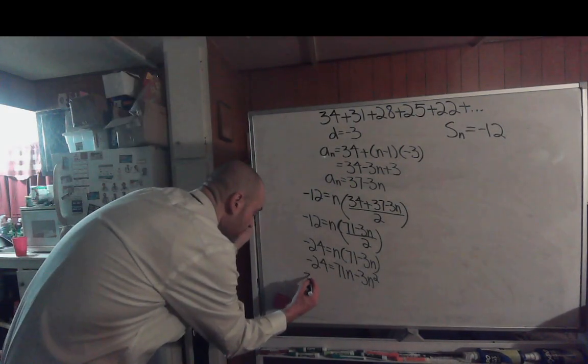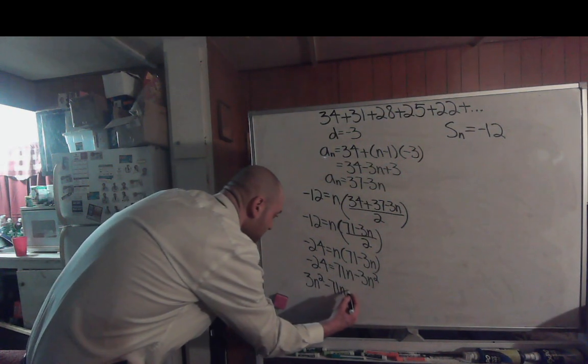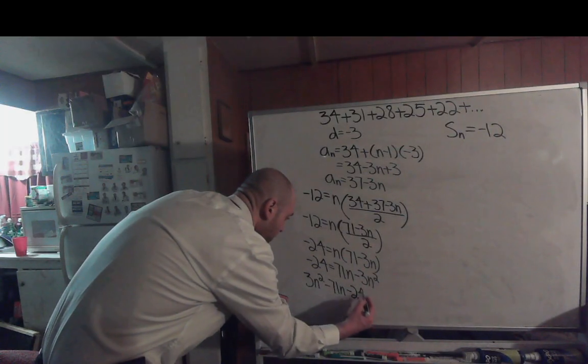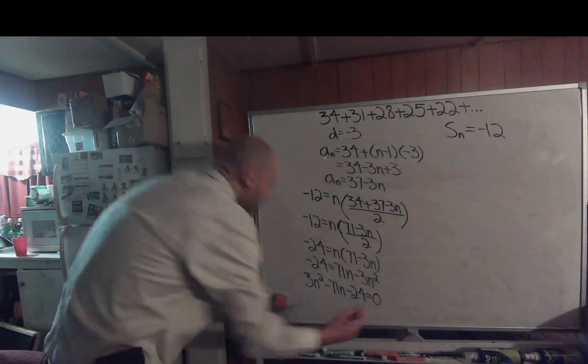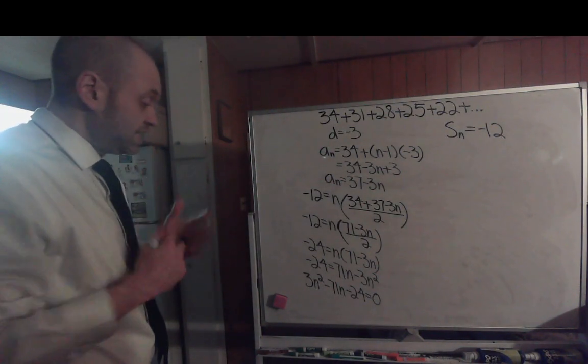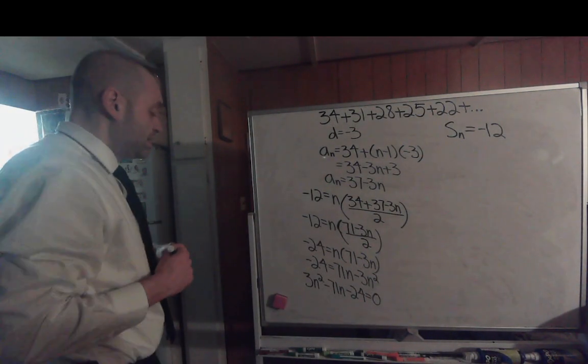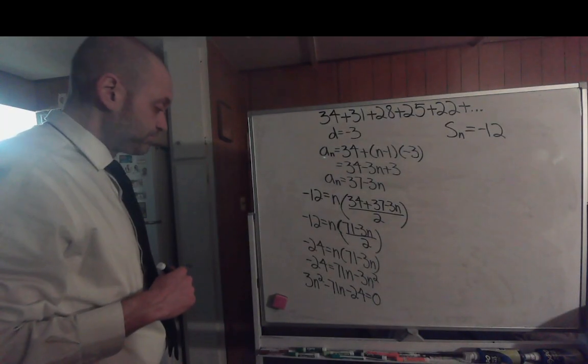So we'll end up having 3n squared minus 71n minus 24 is equal to 0. Now, let's see if we can factor. I'm not 100% sure that we can, but let's see here.